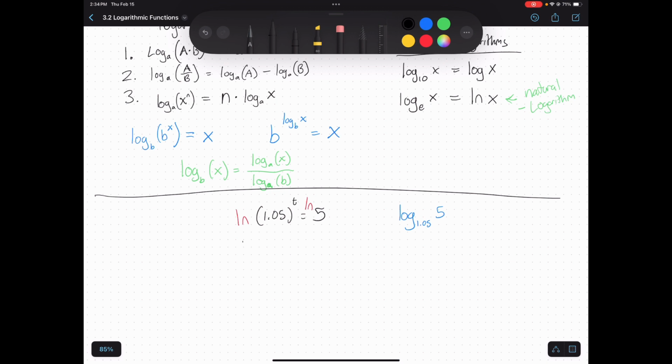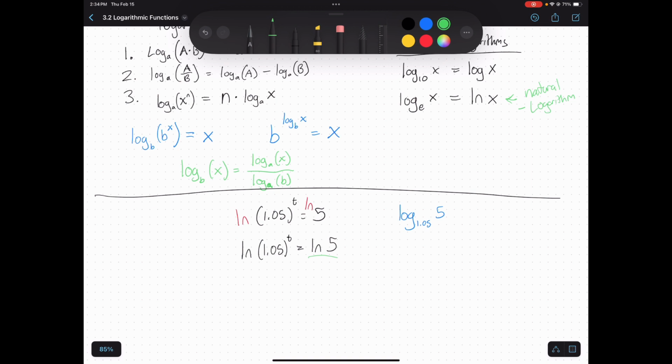That leaves me with the natural log of 1.05 raised to the t is equal to the natural log of 5. Now I guarantee you the natural log is an easy button to find on your scientific calculator. So this natural log of 5 part over here, that's something I can just plug into my calculator nice and easy. I can plug in natural log of 5 and get out a value.